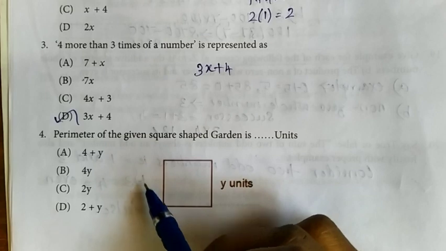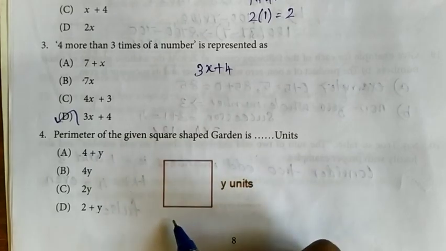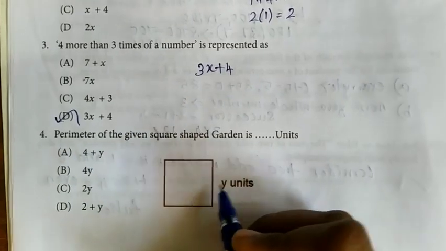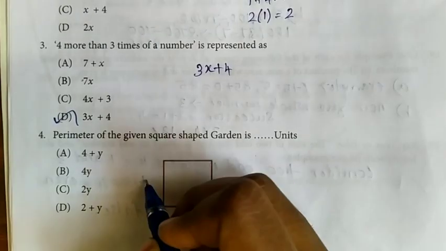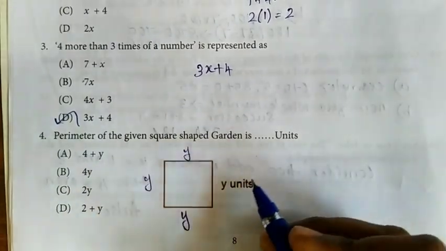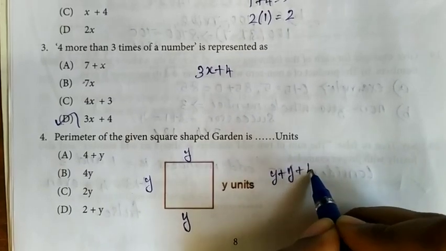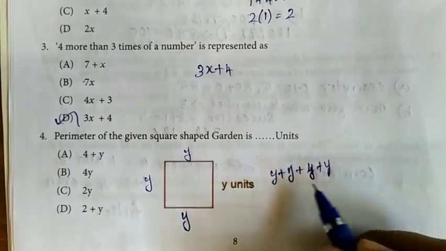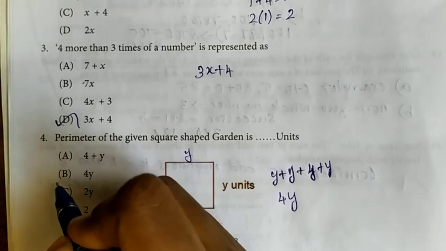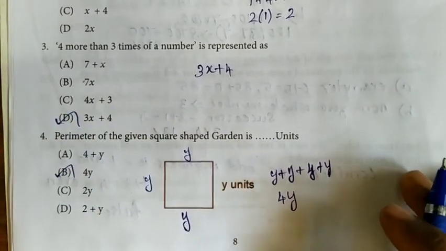To find the perimeter of the square, we have to add the length of the 4 sides. So here also y units, and here also y, and here also y. So we get y plus y plus y plus y, we get 4y. So answer is option B.